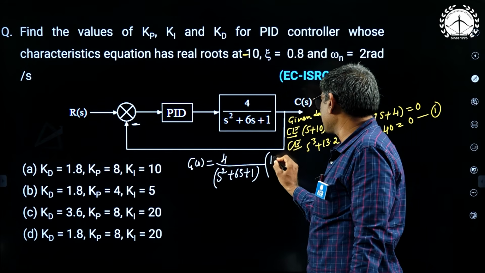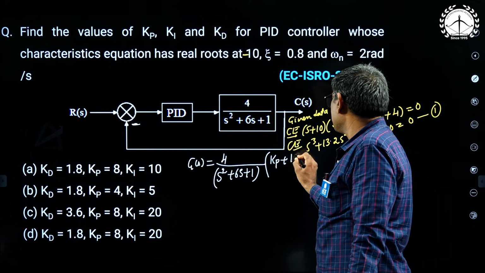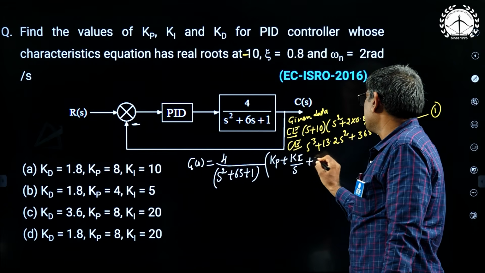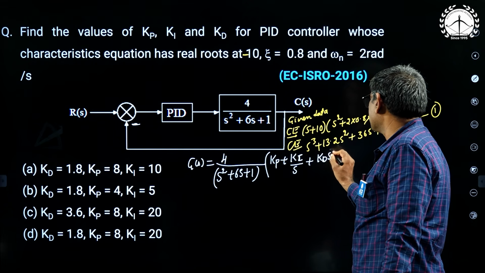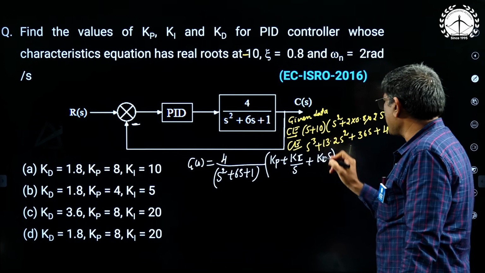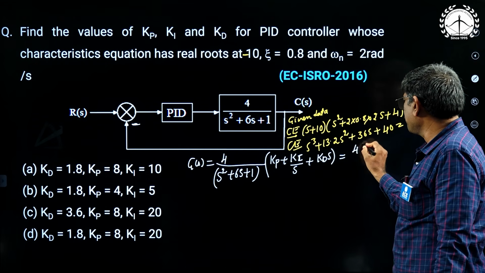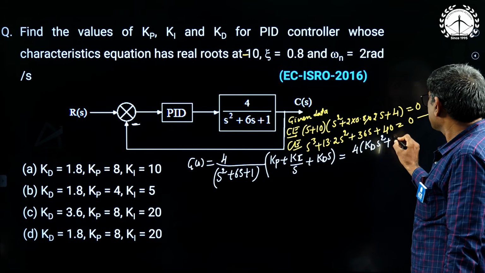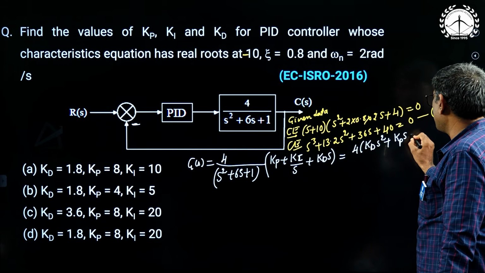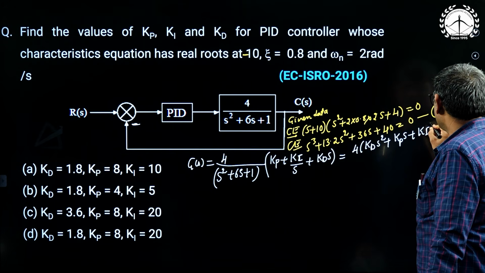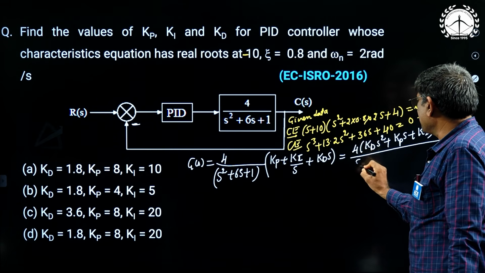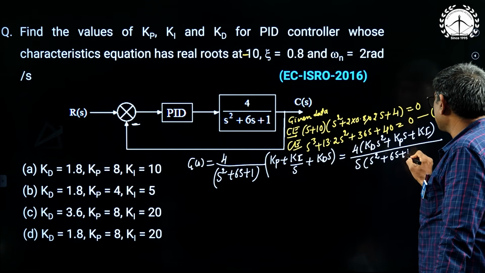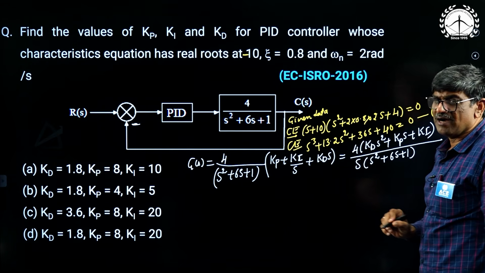The PID controller transfer function is Kp plus Ki by S plus Kd S. If we expand this, we get 4 into Kd S square plus Kp S plus Ki, divided by S into S square plus 6S plus 1. So this is G of S.